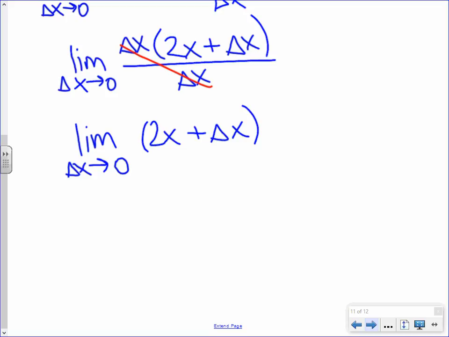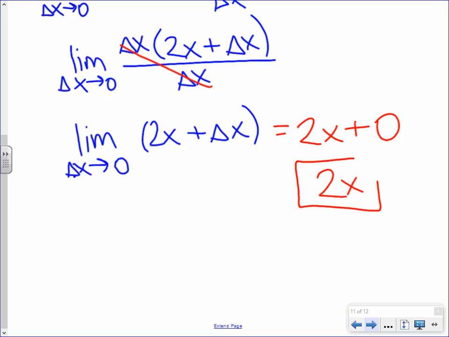Now we plug in 0 for delta x, and we get 2x plus 0, which is 2x. It is okay to get to this point and still have an x or x squared in your answer. As we get into Unit 2, you'll see why that is.